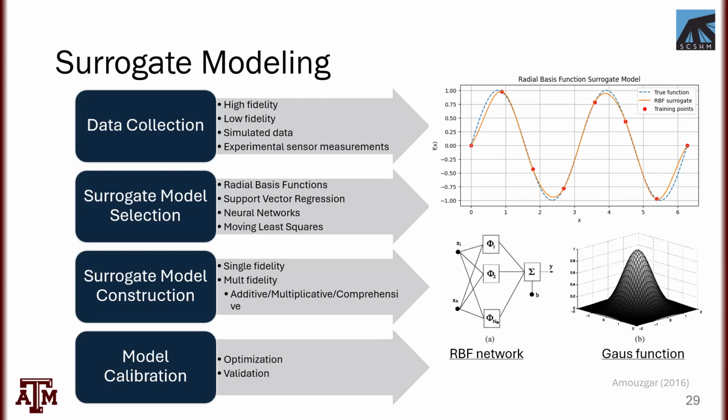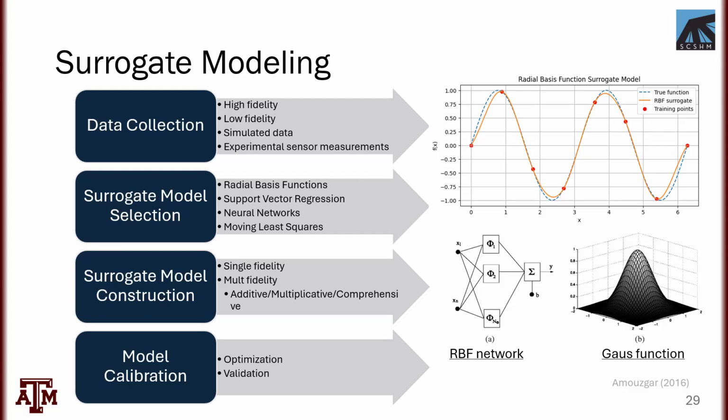The way they work is we perform our data collection from anything from low fidelity data sets to high fidelity simulated or experimental data sets. Then we choose our model type. Common options are generally radial basis functions, support vector regression, even neural networks, deep learning.